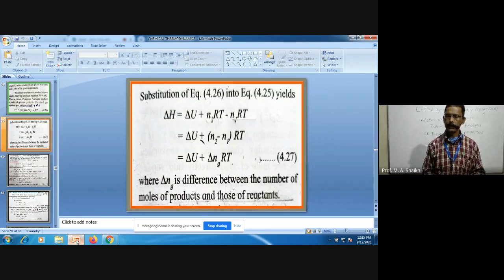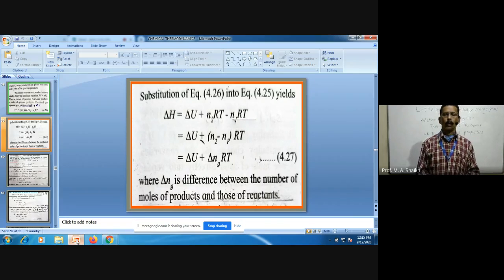PV2 minus PV1. So by putting the values of PV2 and PV1, we will get delta H is equal to delta U plus N2 RT, because the value of PV2 is N2 RT, minus N1 RT. N1 RT is the value of PV1.